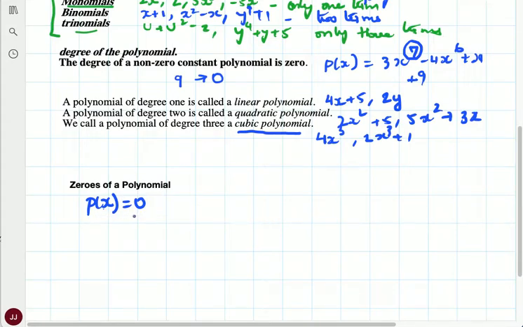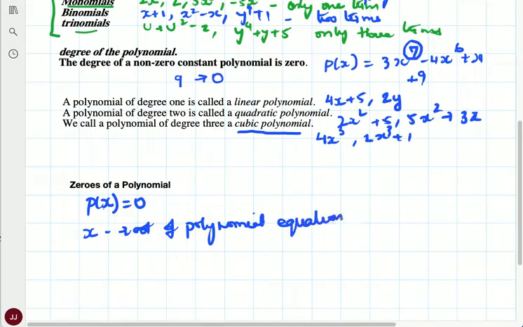The value of x is the zero of the polynomial or the root of the polynomial equation.